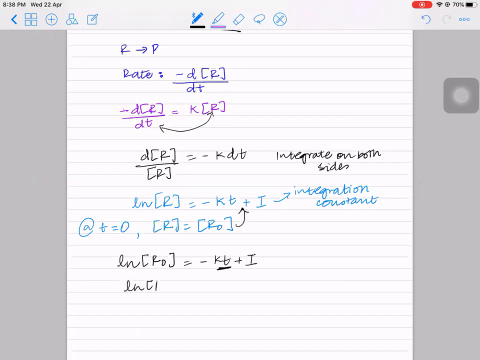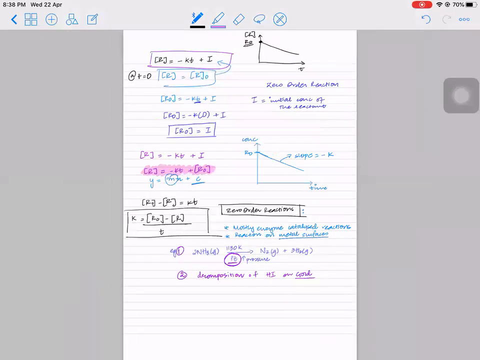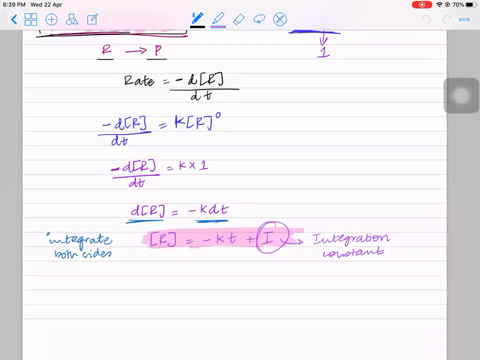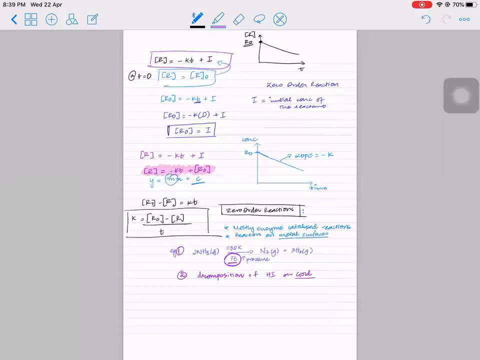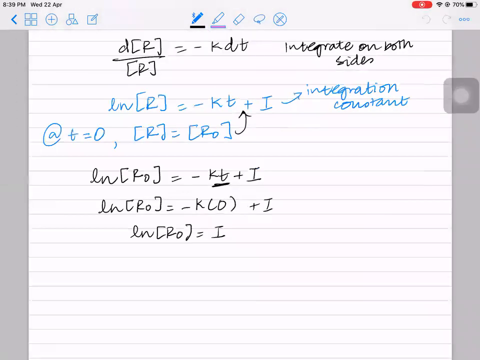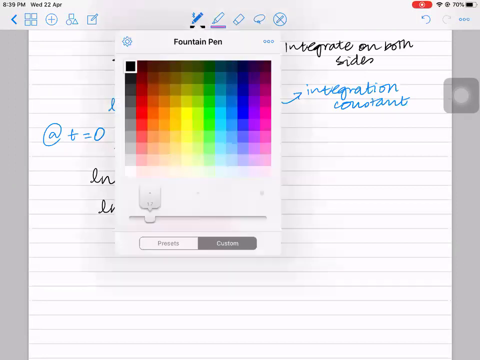So it will be ln R naught is equal to minus k times 0 plus I. And that will give you ln R naught is equal to the value of I. For your zero order reactions, if you remember, I was equal to the initial concentration of the reactant. Over here, I is equal to the natural log of the initial concentration of the reactant, right? For first order reactions.